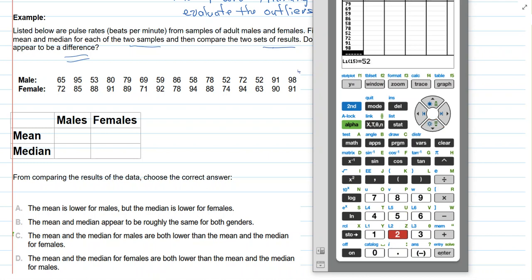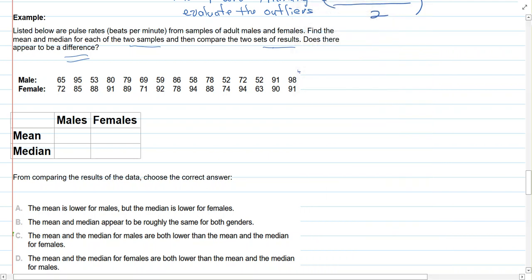All right. So now I have the data in, and the order was not important. I just needed to know that I count and make sure. So on the second one, I'm going to calculate the 5-number summary.